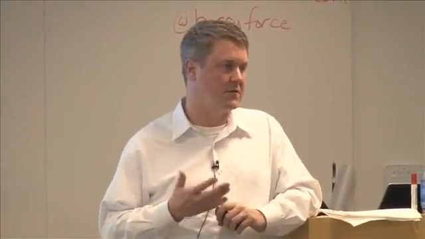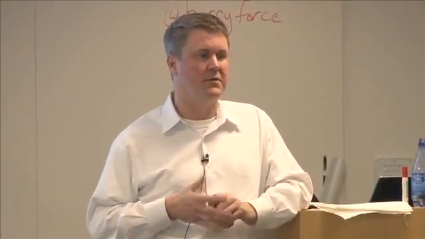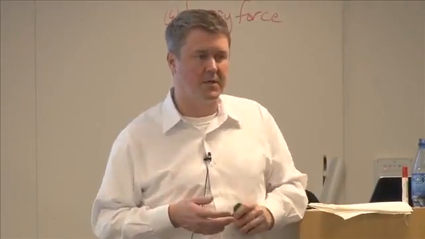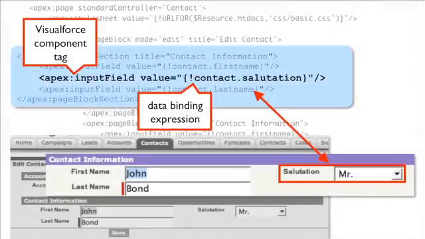So here's a very common thing that you're going to be doing within your Visualforce pages. We're utilizing the input field Visualforce component. And what we've done is a data binding. You'll notice here that there is the value attribute, and the value attribute is set to this expression. Expressions are identified by the curly brace exclamation.